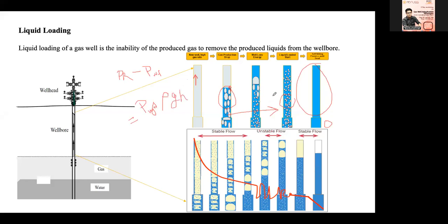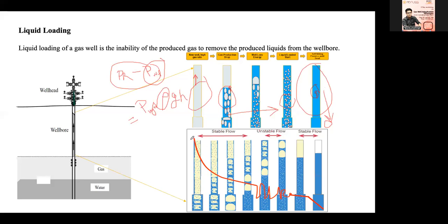So what happened here? When you are producing only gas, your gas density is much lower compared to your fluid density. So because of the higher density of liquid, you are going to have a higher flowing bottom hole pressure. So this will be higher. As this is higher, the differential pressure will be less.